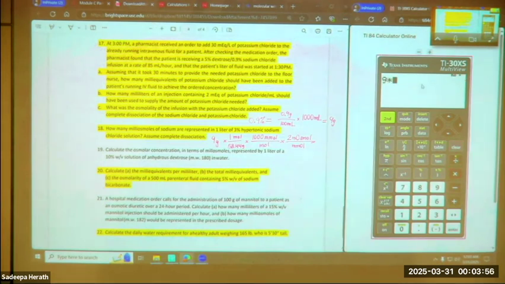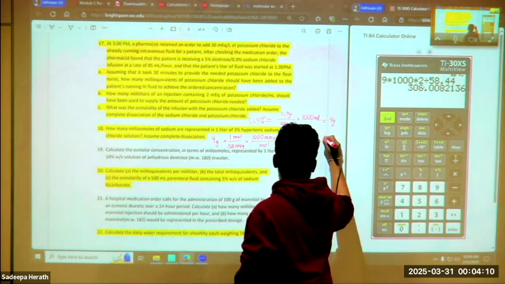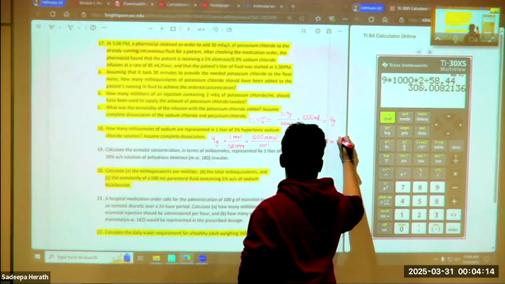Okay, let's calculate that. 9 times 1,000 times 2 divided by 58.44. So let's just say 308 milliosmoles.